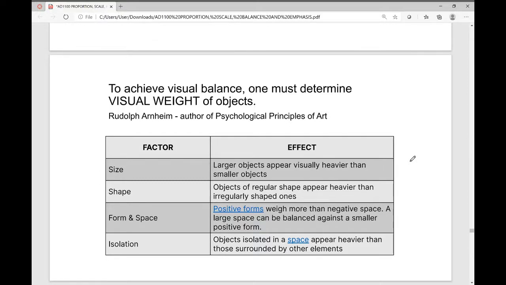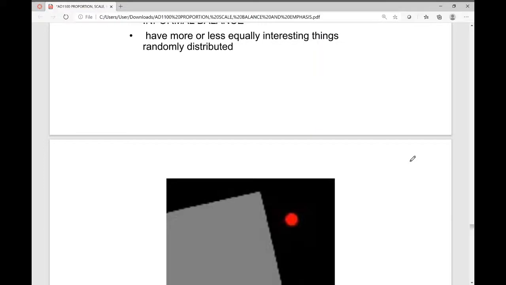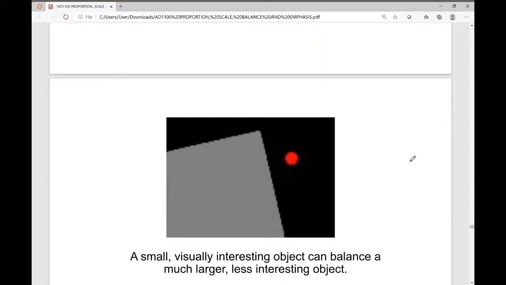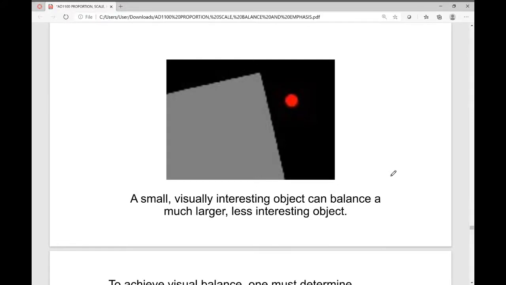Isolation: objects isolated in a space appear heavier than those surrounded by other elements. When you create, for example, a vignette like this, it is a majority of a vast space, but the visual actually creates a visual weight, with the color in contrast to the rest of the colors.